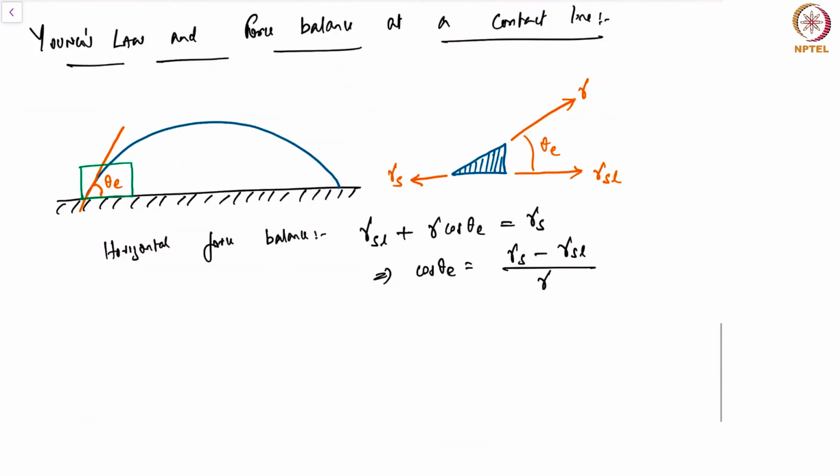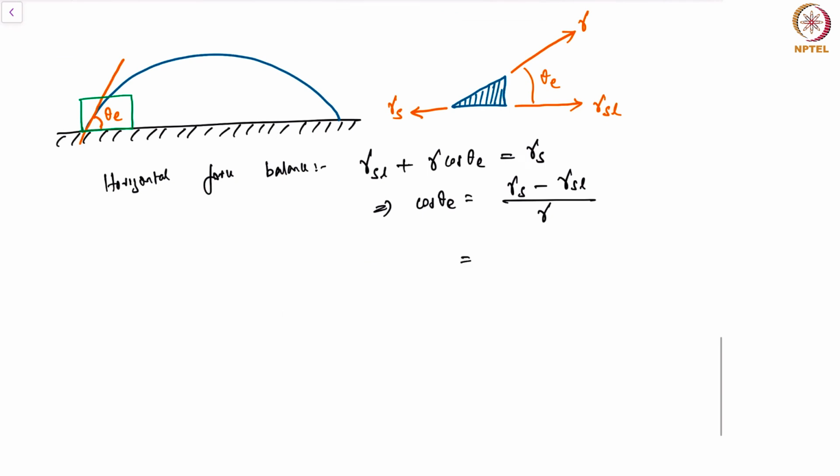So I can basically now define this as, recall, S I'll write in a slightly different way. S is nothing but gamma S minus gamma SL, the difference in surface energies of the solid and the solid liquid interface, minus the surface tension of the liquid, that's gamma, right?